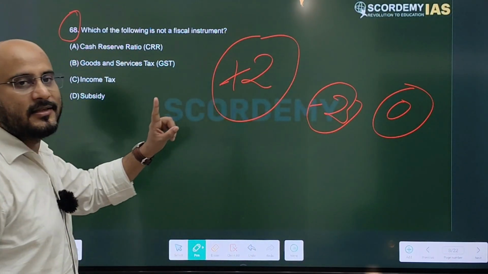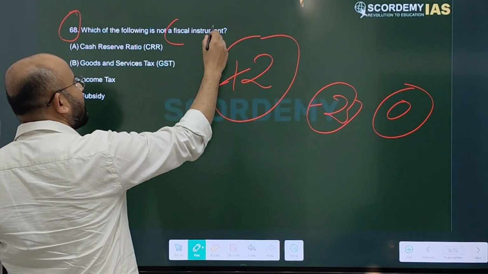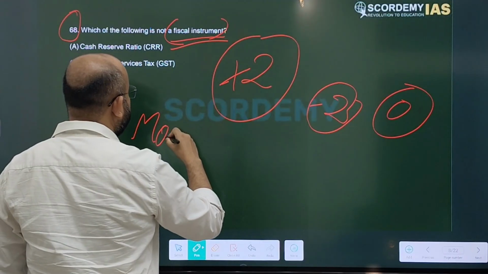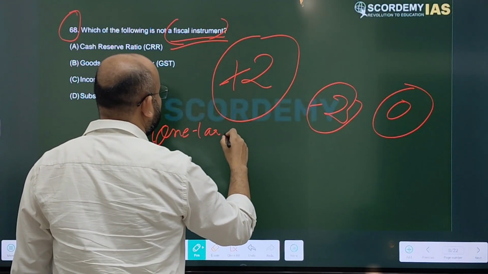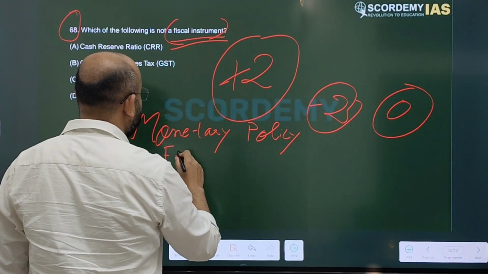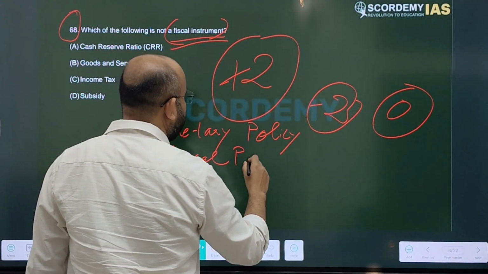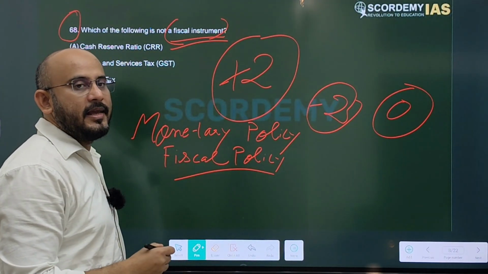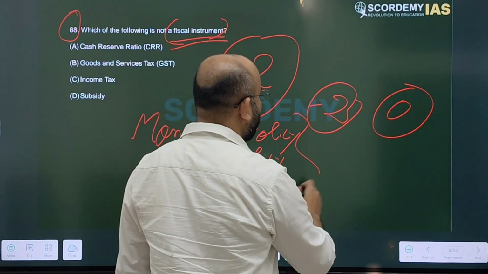So which of the following is not a fiscal instrument? Fiscal instrument, those who are aware of monetary policy and fiscal policy, ঠিক আছে, they will be easily able to solve this question.